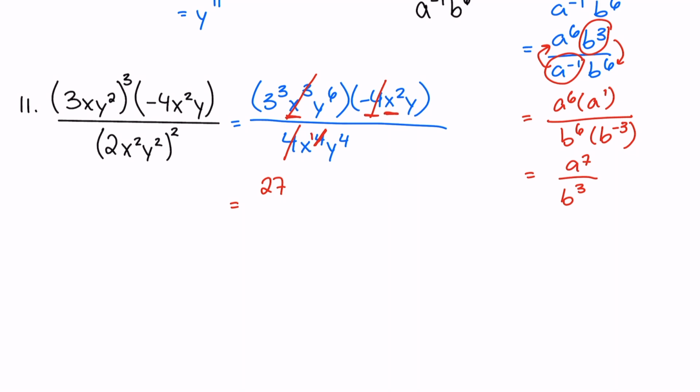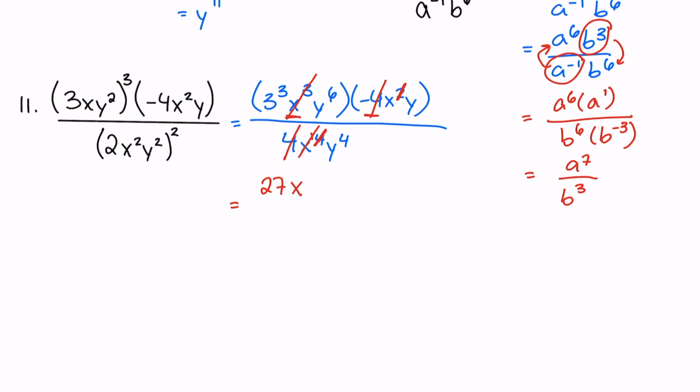And one of these x's is able to cancel out with this remaining x at the bottom. So we can cancel this one out and rewrite this one as just x to the 1, or just x. And now we have no more x's, so we can rewrite in our next line just an x at the top to represent this remaining x.